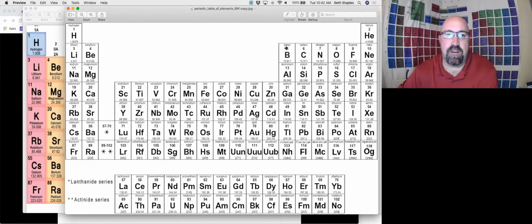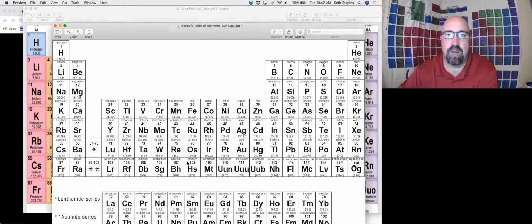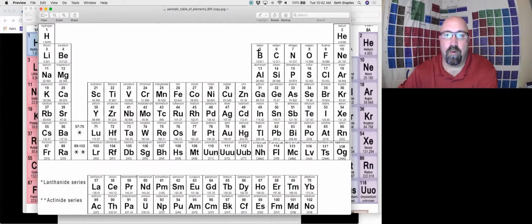And so it is going to be important for you to note, just as we move on through the class, where our metalloids are. They're sort of in this staircase through here. So boron, silicon, germanium, arsenic, antimony, and tellurium, and sort of right through here.